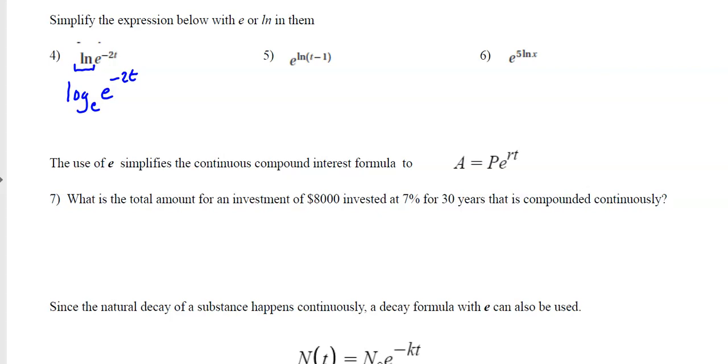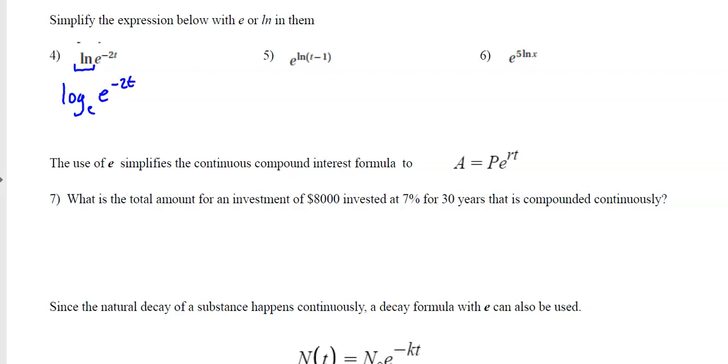Well, we had an inverse property earlier that said whenever you have log base something, and then you have the something right next to it, this almost cancels each other out. And you just end up with an answer of negative 2t. And if I really wanted to drag it on out and show you the long way, I could say natural log is log base e of e to the negative 2t.